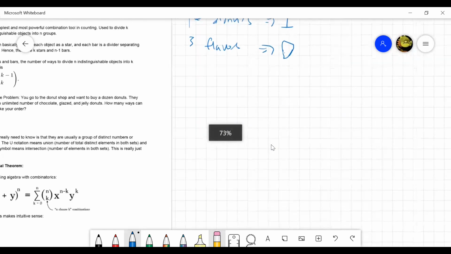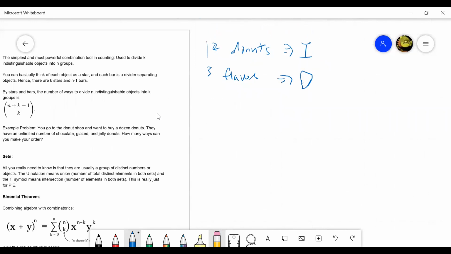Essentially what the method says is that we can let each indistinguishable object be a star. I'll make the numbers smaller so it's easier to illustrate. Let's say we have 6 stars and 3 flavors.